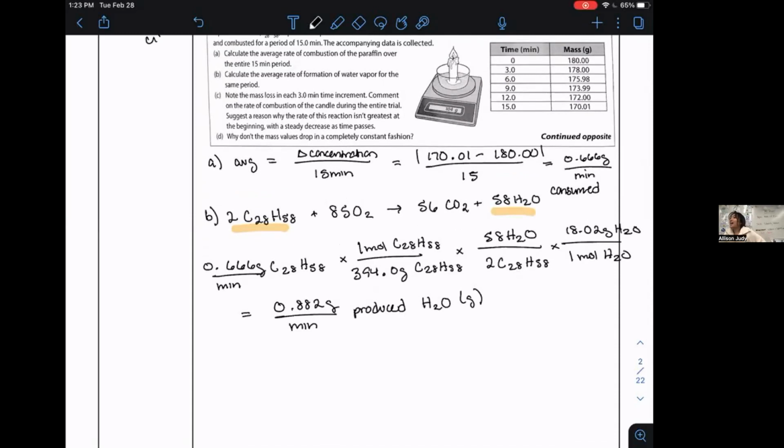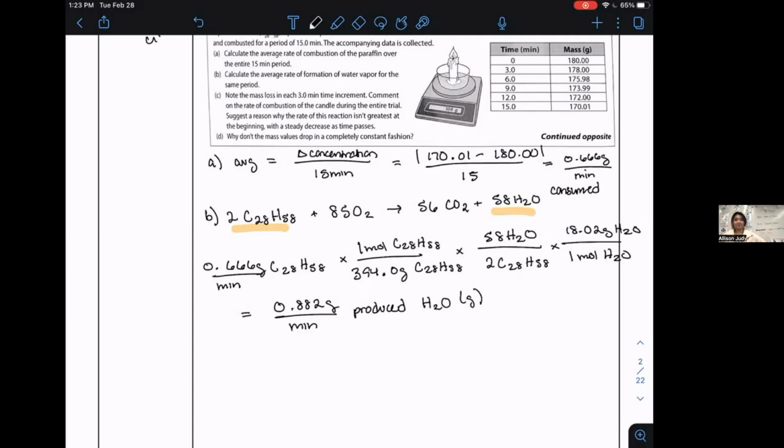Yeah, because over time you just have less paraffin. I'm assuming your oxygen is in excess, okay? But you just don't have as much. So naturally, as the reaction progresses without a continual resupply, you're going to get a slower rate of production, which is going to be reflected in an instantaneous slower rate of reaction, which is why we like the average.